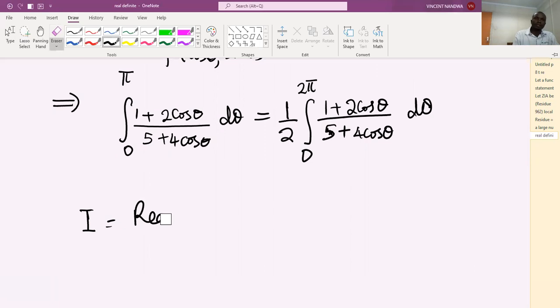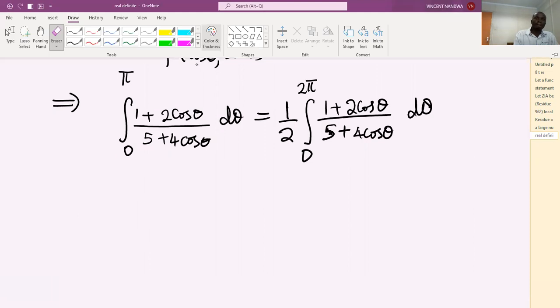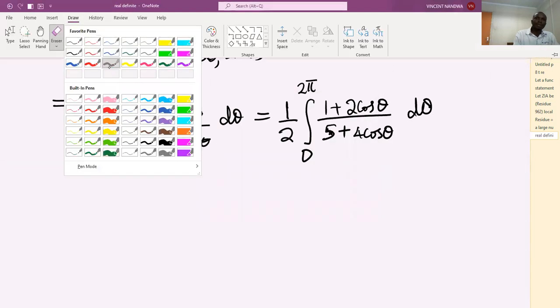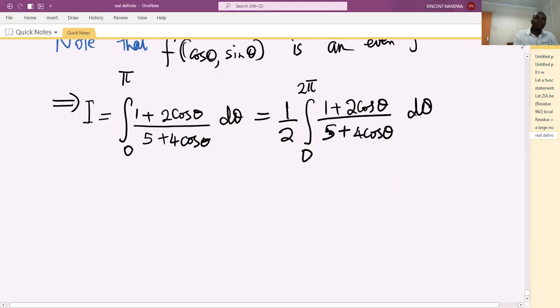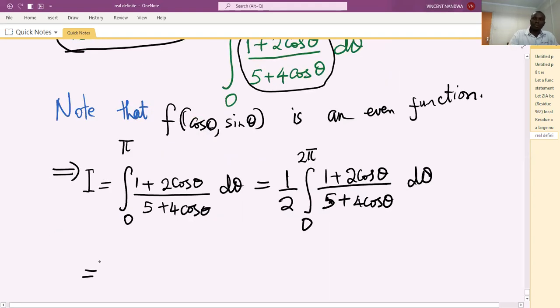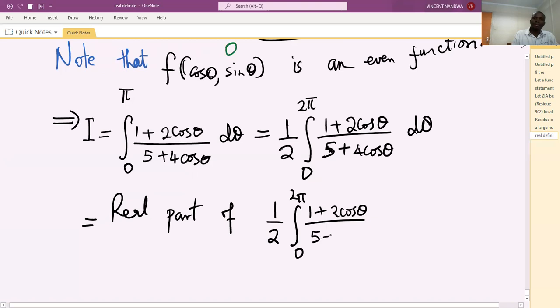Let's call this integral I. Because the problem was to find the real integral, we can say this is the same as the real part of the integral from 0 to 2 pi of (1 plus 2 cos theta) over (5 plus 4 cos theta) d theta.